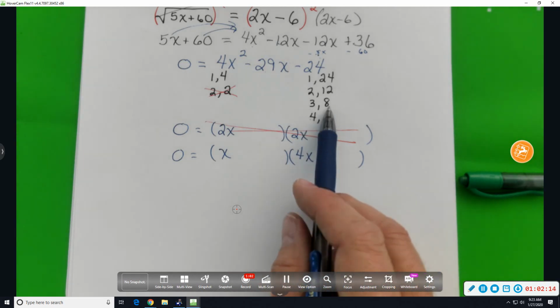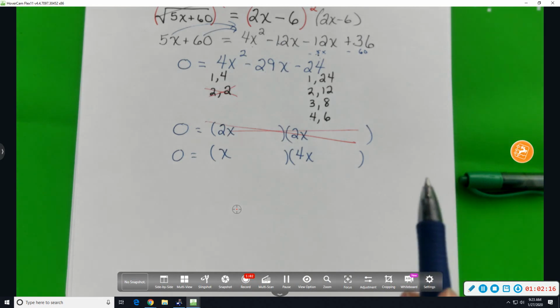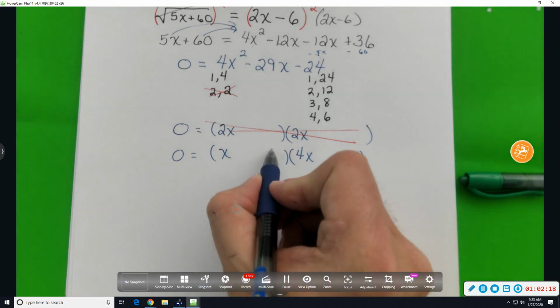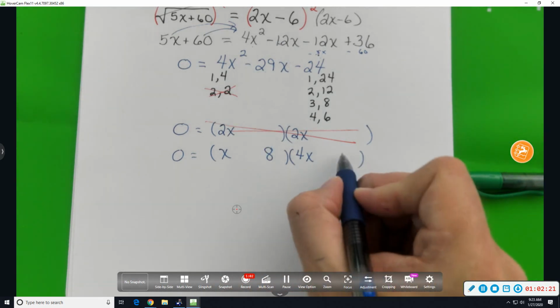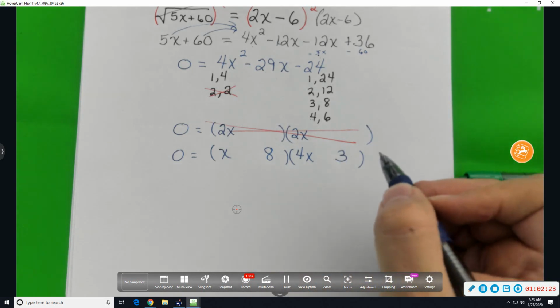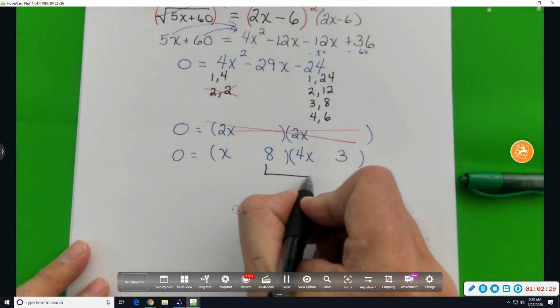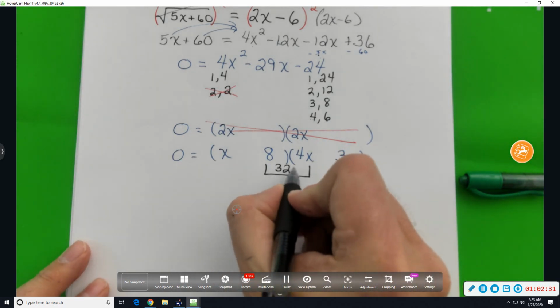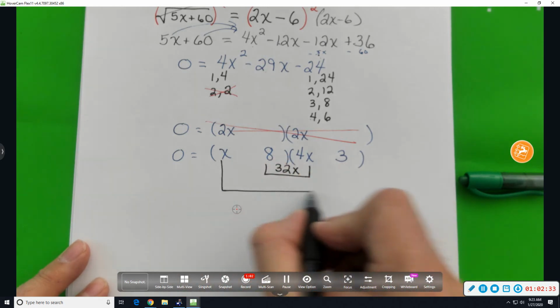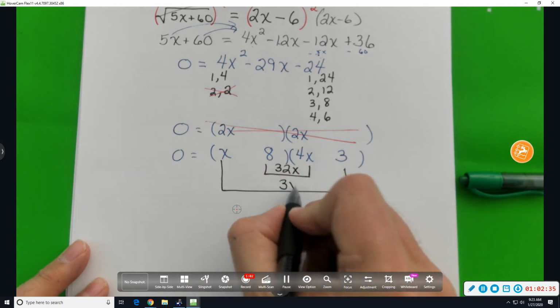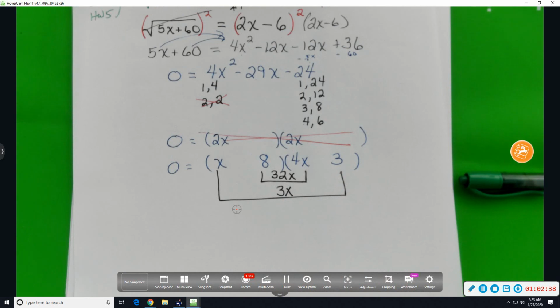If the 3 and 8 are going to work, how would I need to arrange it? I would have to put the 8 here and the 3 there. Is this going to work? If I draw my little marks and look at the inner, I have 32x. The outer, 3x. I forgot, what was the middle term I wanted?